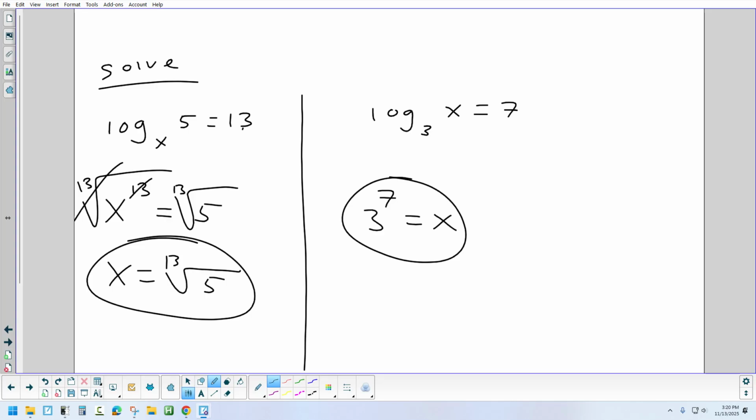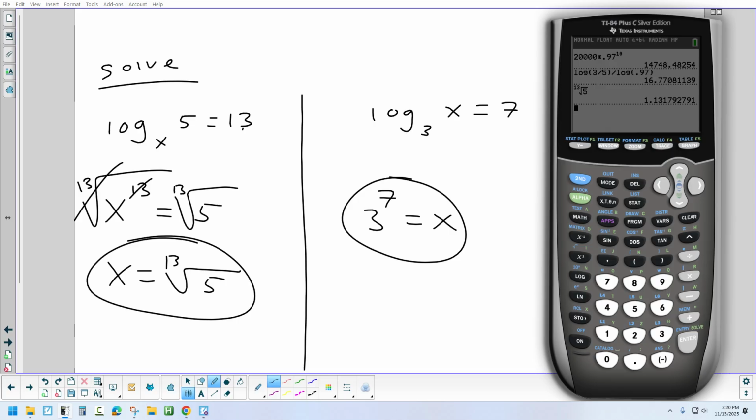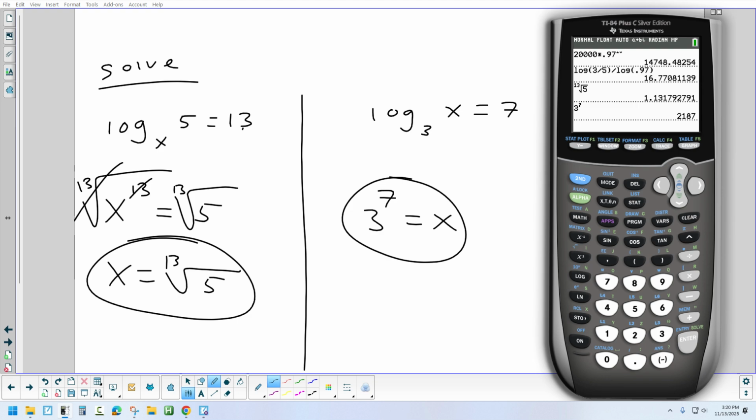Logarithm always equals the exponent, so that's the 7. And now that's your final answer. That would be small enough that we could reasonably do that out on the calculator. It's not a huge number. If it was like 3 to the 200th power, then I'd say no, we're not going to do that. But that's 2,187.